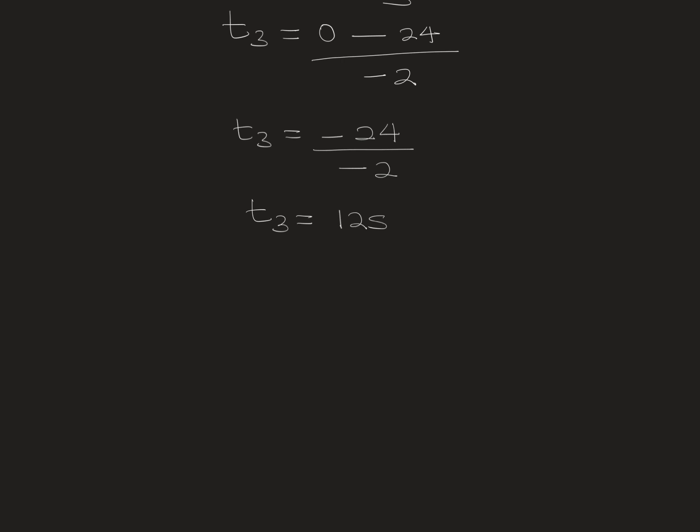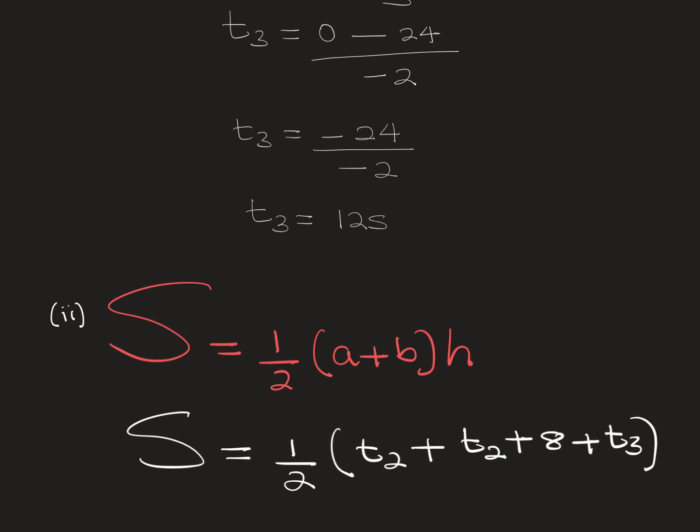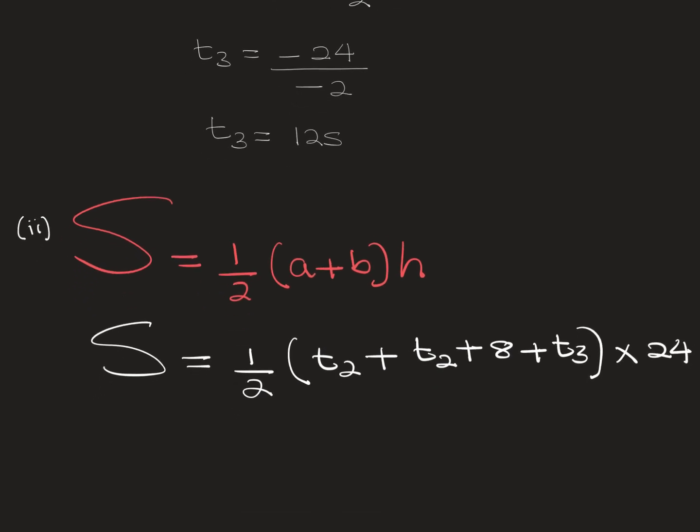The area of a trapezium, S, is equal to half into A plus B H. So therefore, S is equal to half into A, which is T2, plus B, which is T2 plus 8 seconds plus T3, multiplied by the H, which is 24.